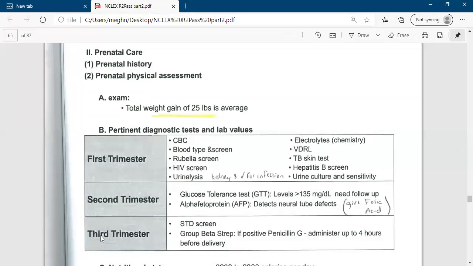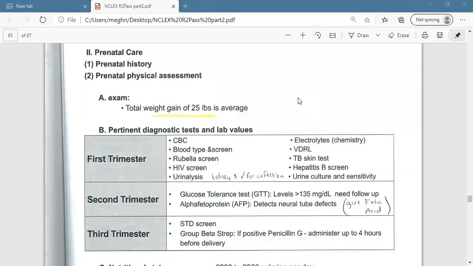If any labor starts before 37 weeks, we call it a preterm baby. Same as if any baby is born after 40 weeks, we say post-term baby.